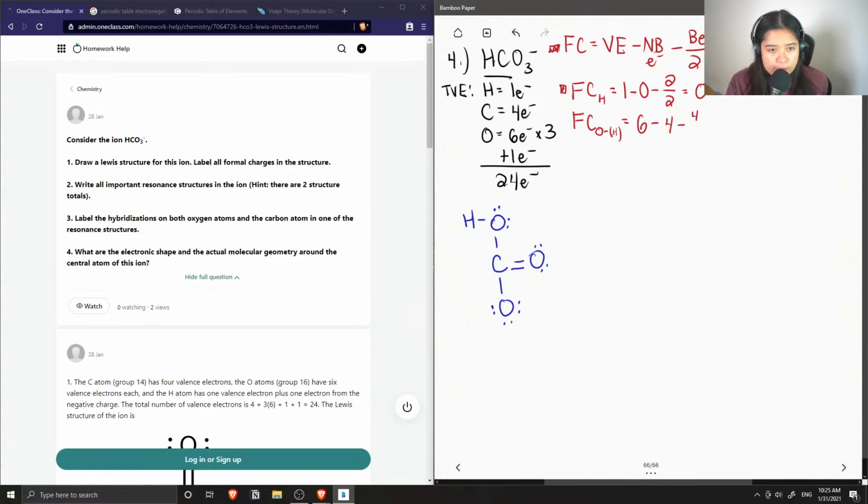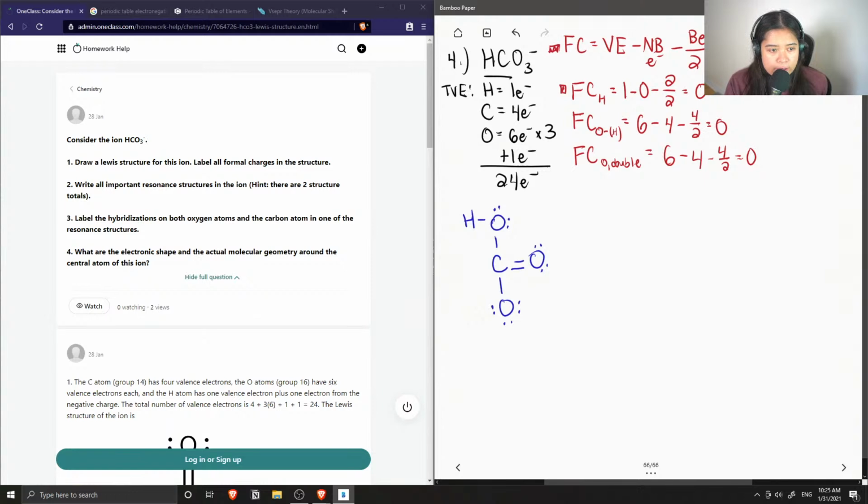So we write 4 divided by 2, and its formal charge is also 0. For the double bonded oxygen, there are 6 valence electrons, 4 non-bonding electrons, and again 2 bonds to it, so we have 4 bonding electrons divided by 2.